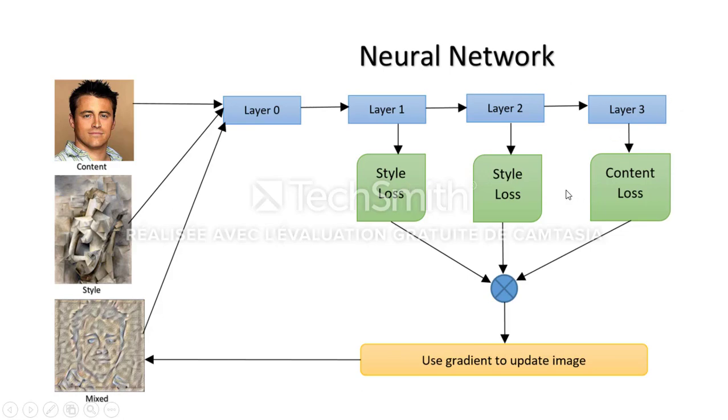Okay, from the third layer we are going to extract our content loss, and then we add these losses, and after this we are going to use the gradient to update the image. So we are going to update the pixels of my random image. Okay, and we repeat this until we have the generated image that we want.